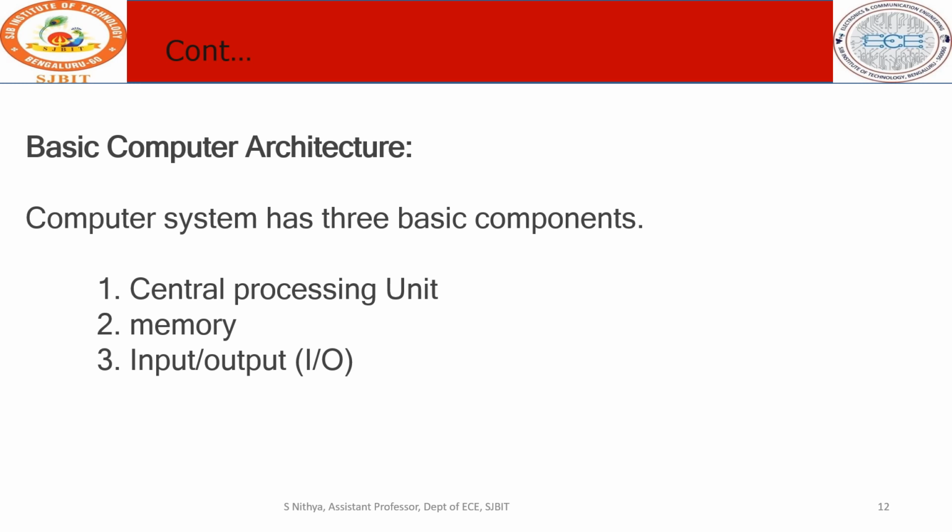Between the input and the central processing unit there are interfacing devices which transfer the data and address signals. Similarly, between the central processing unit and the memory there is an interfacing device which is used to carry or control the information, the data, and the address information. This is all about your basic computer architecture.